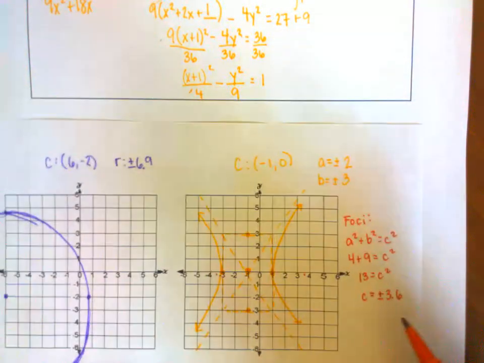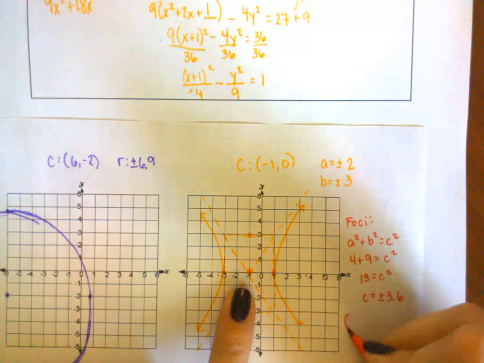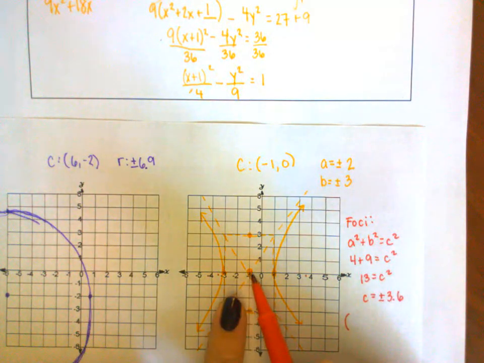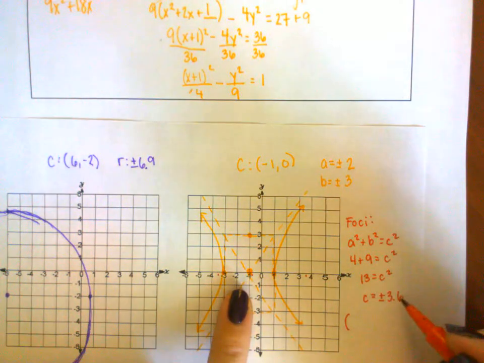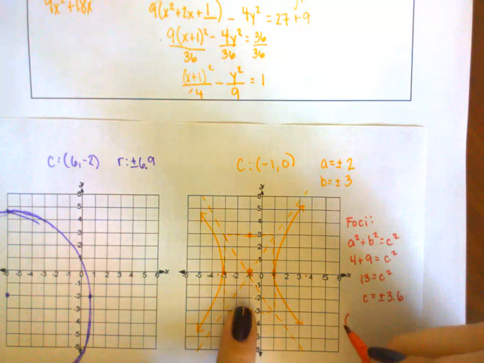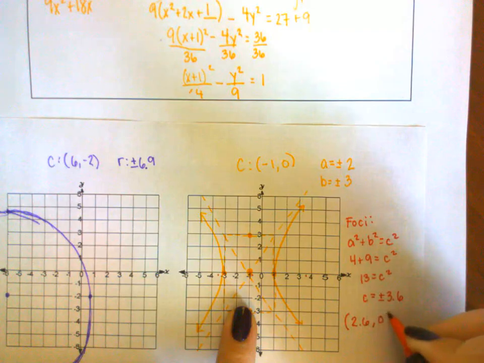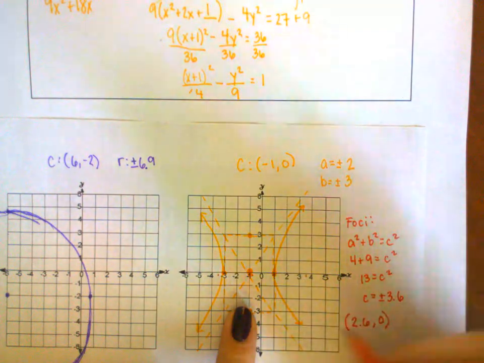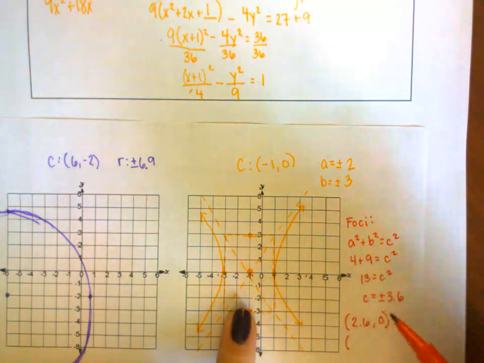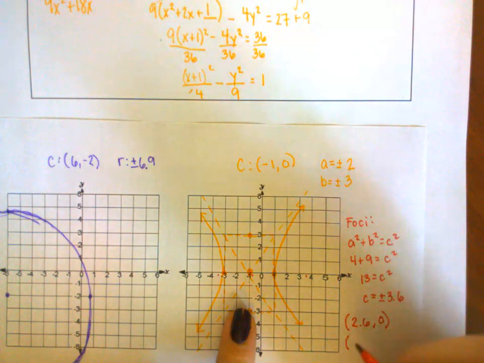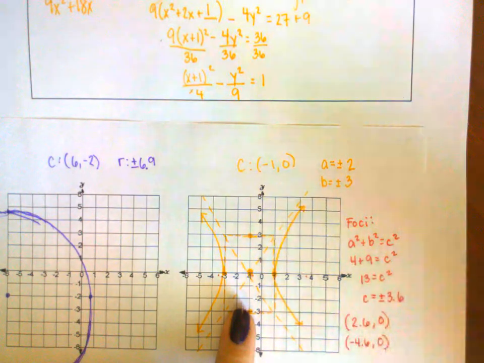So I actually need to do the center x value of -1 plus 3.6. That's going to give me 2.6, comma 0, because we didn't shift up or down. But then my other point is going to be at -1 minus 3.6. So -4.6, comma 0.